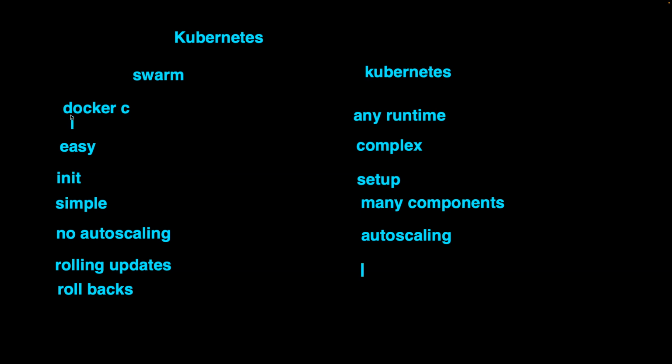But upgrading the application without downtime is called zero downtime. Zero downtime is possible in Kubernetes, which is not possible with Swarm. These are some of the basic differences. When we get into the architecture and really start working with Kubernetes, you will see many other differences practically.